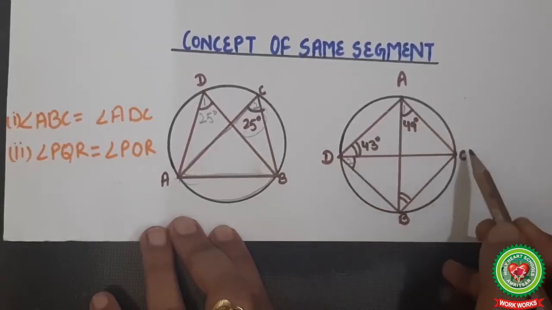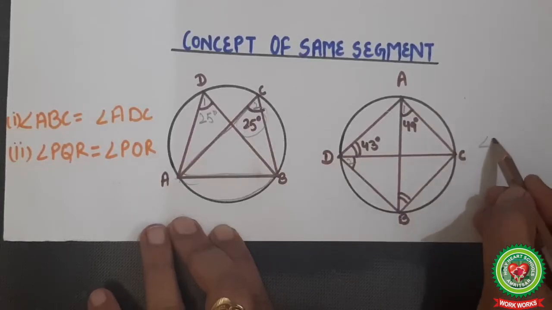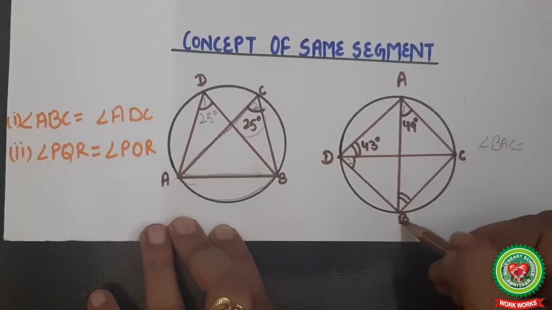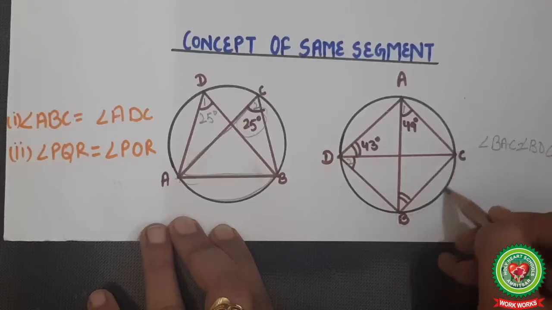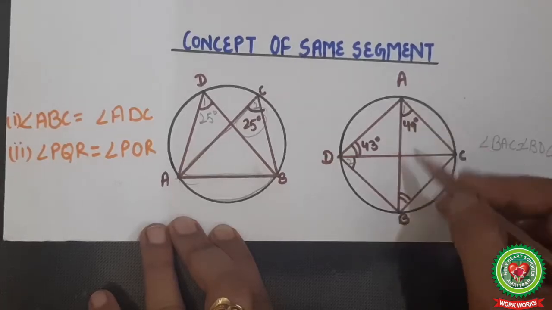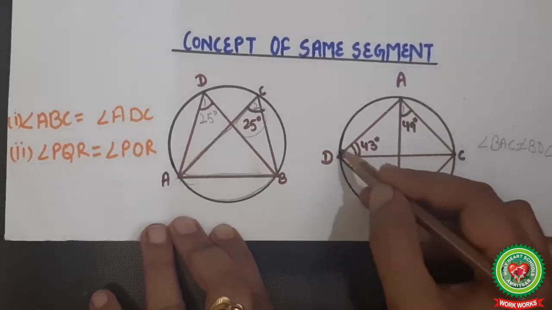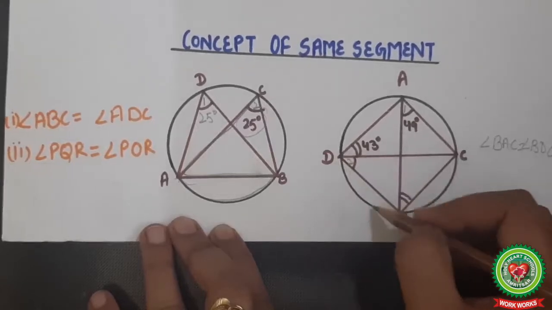See the end points, B and C. The angles are angle BAC equal to angle BDC. Or we can say this is the arc BC. From arc BC this angle A is made, and from arc BC this angle D has been made.